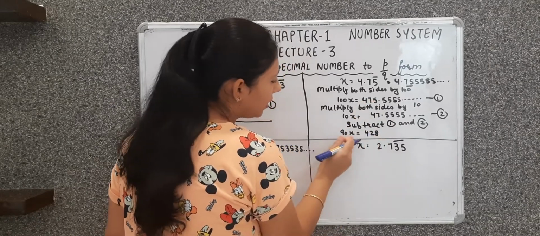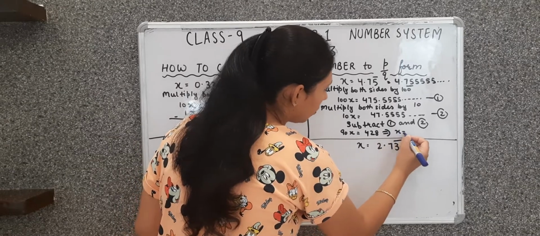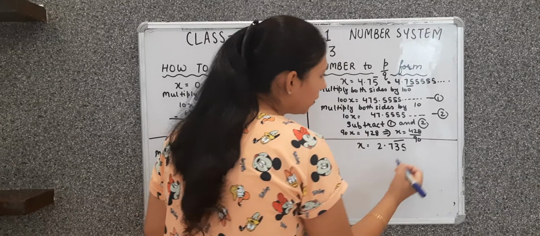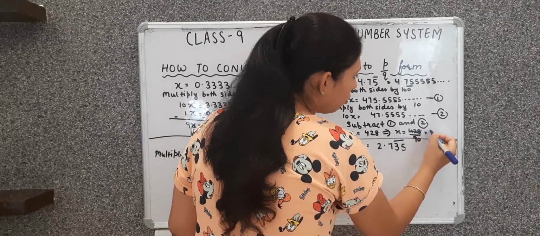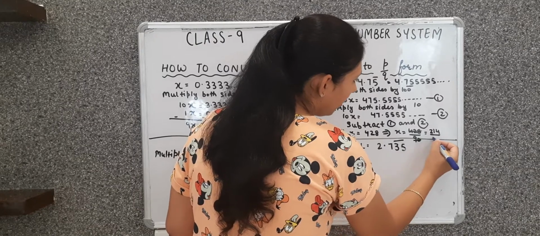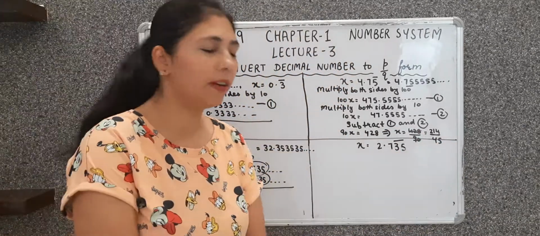So I got 90x is equal to 428, which can be written as x is equal to 428 divided by 90. We can cancel it with 2. Two 2s are 4, two 1s are 2, two 4s are 8. Then we cancel, it will be 45. So this is my answer, 214 divided by 45.